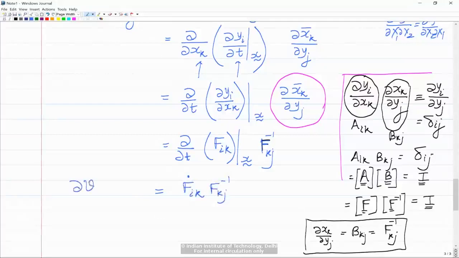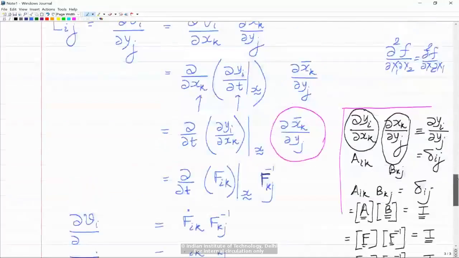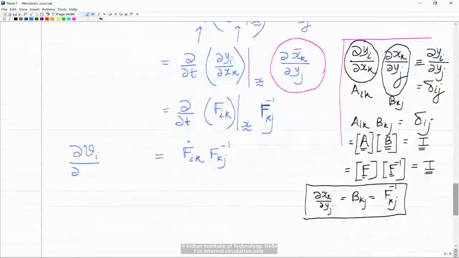So that's your del vi over del yj. Yes. Which is also lij. So that's the Lagrangian form of Eulerian gradient of velocity, or velocity gradient tensor.